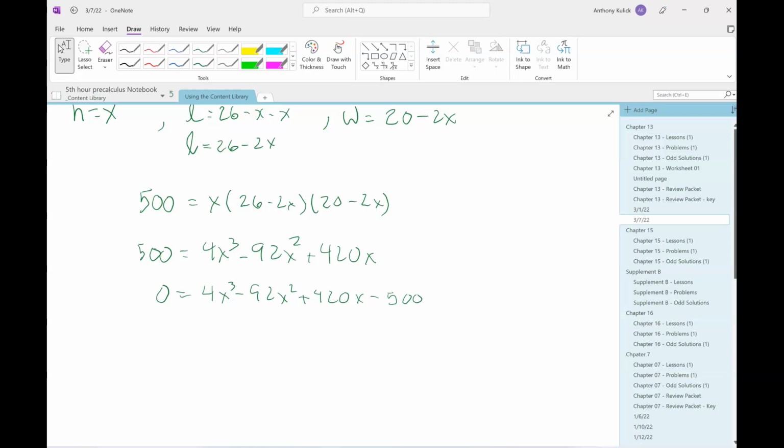But that's not so helpful to me because how many terms do I have here? I have 4. And I can look at this pretty easily and see that it's not going to factor by grouping. So what would I do if I can't really factor this by the algebraic means that we've talked about to this point?